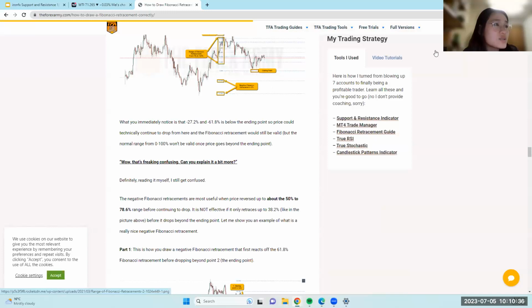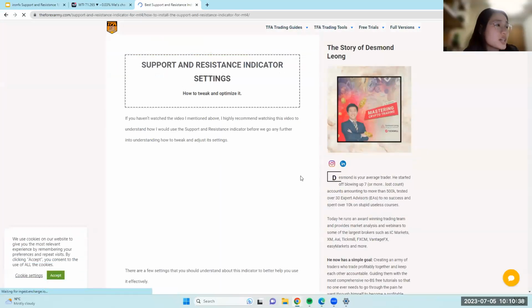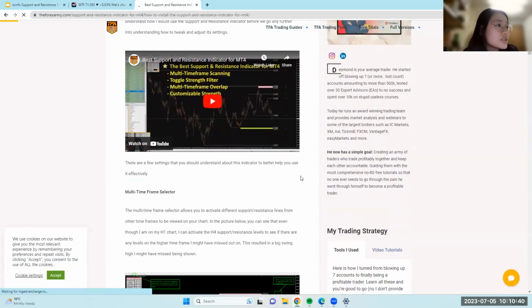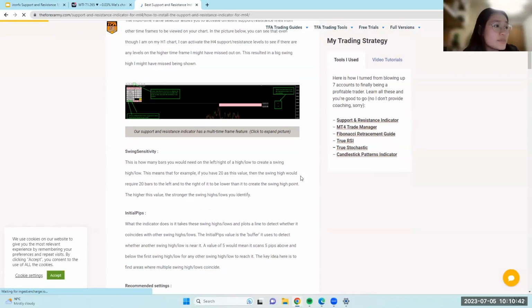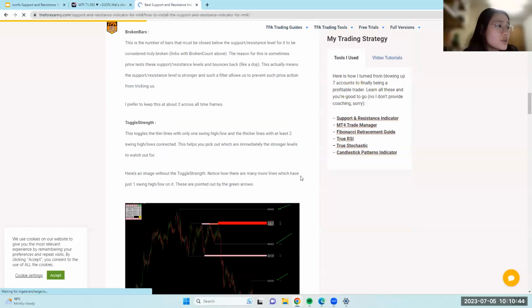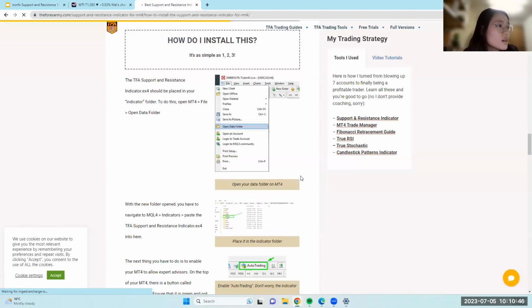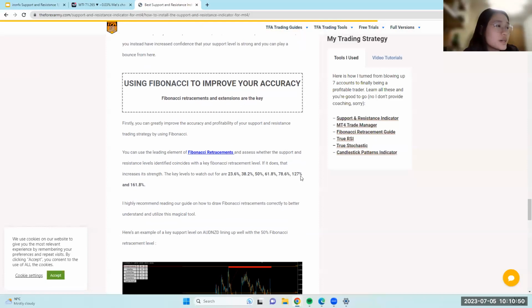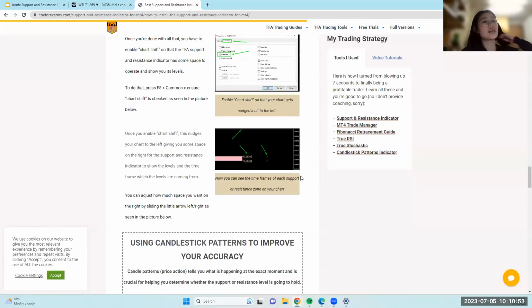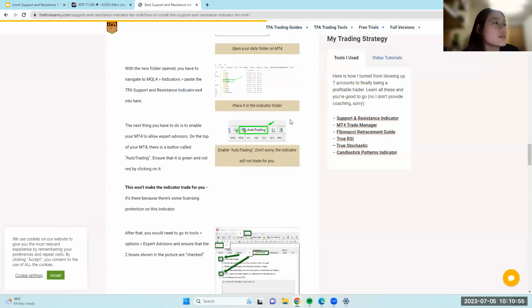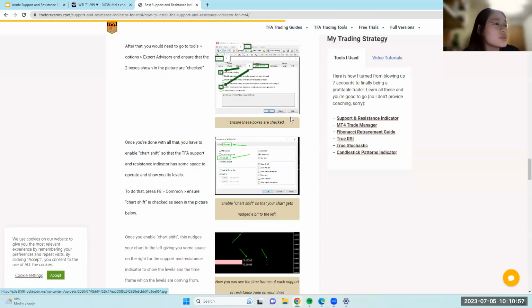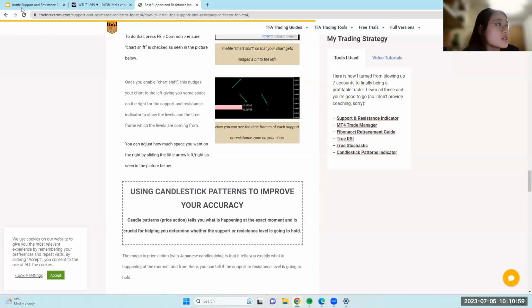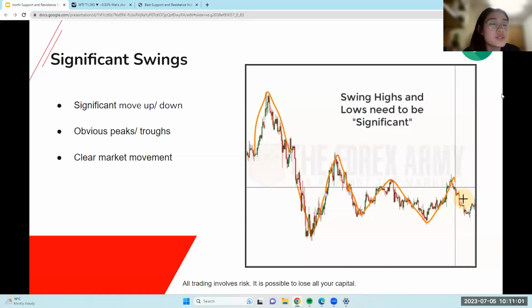All of these guides, support and resistance, let's take a look at that as well. This is an indicator for MT4 that you can download for free, and it teaches you how to use it as well. You can take a look at it in your own time, but I just briefly wanted to mention this. Okay, let's get back to our slides.